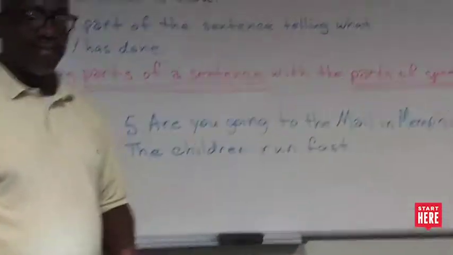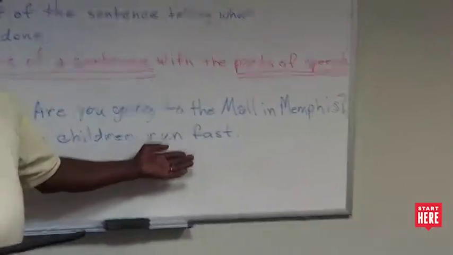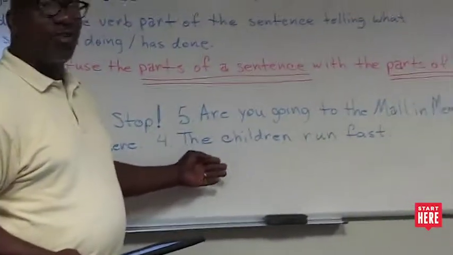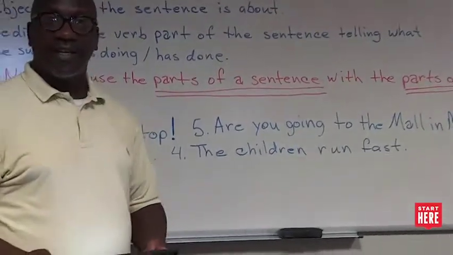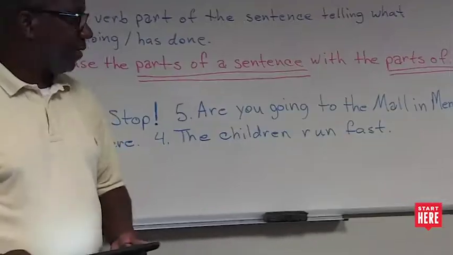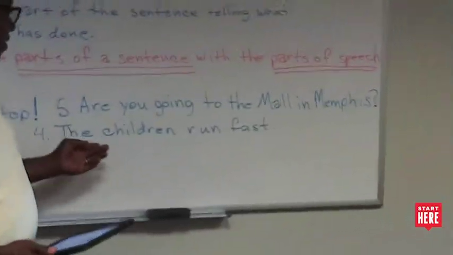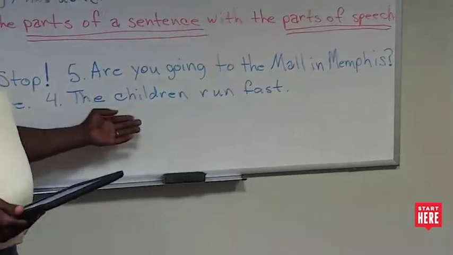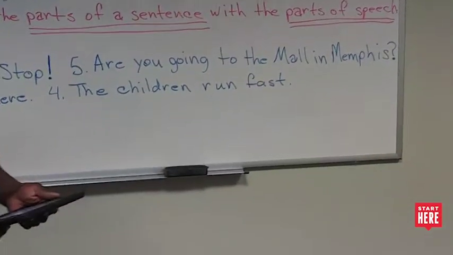Run fast. Your predicate is going to tell you something about your subject. Either the subject is going to be doing something or has done something. The children is the subject. Run fast tells you what the children are doing.